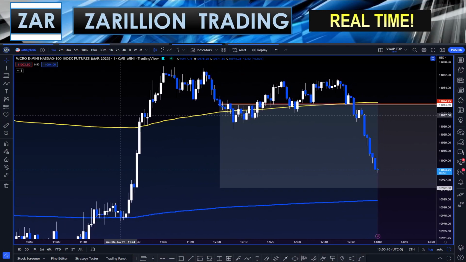Waiting for this to drop. Ready for it now. It's 1 p.m. Nice move down. Moving my stop now to above this candle right here.